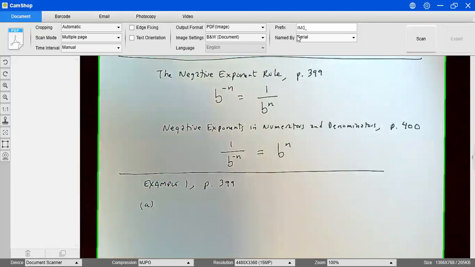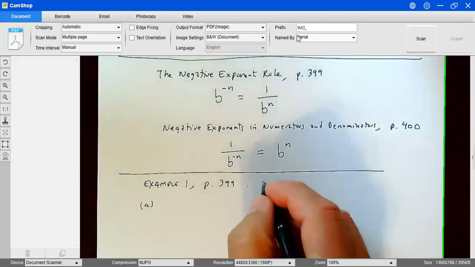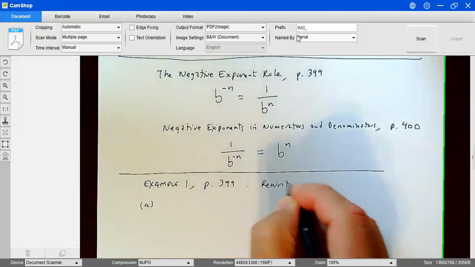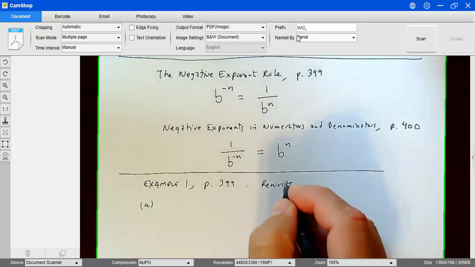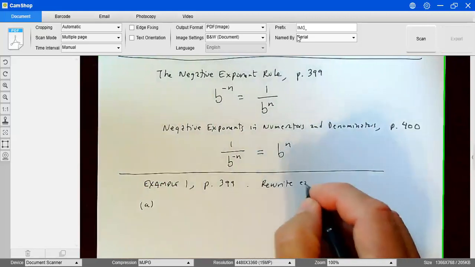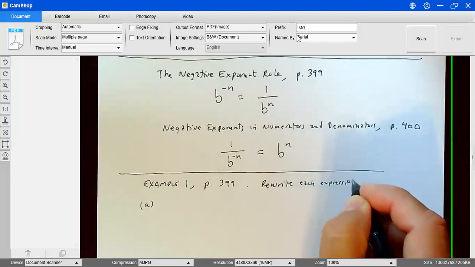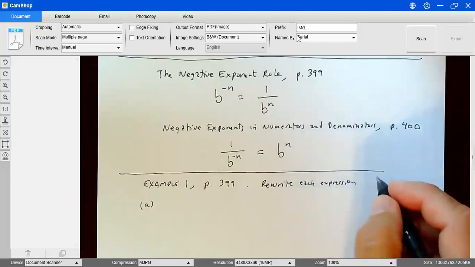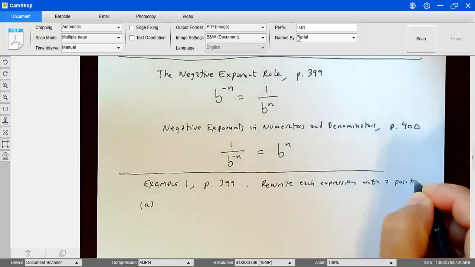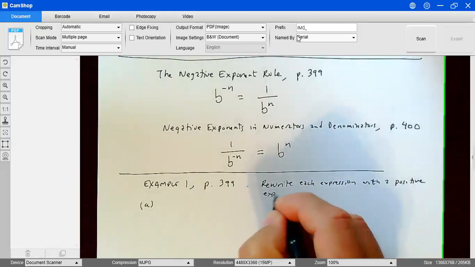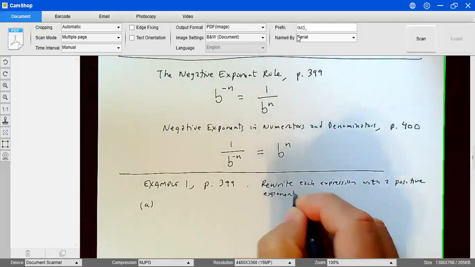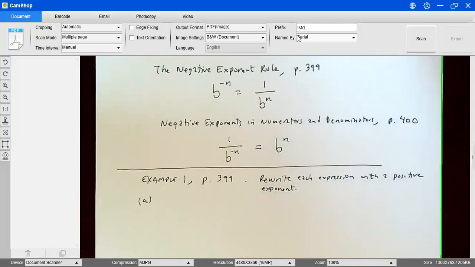So in this example, we're going to rewrite each expression with a positive exponent.